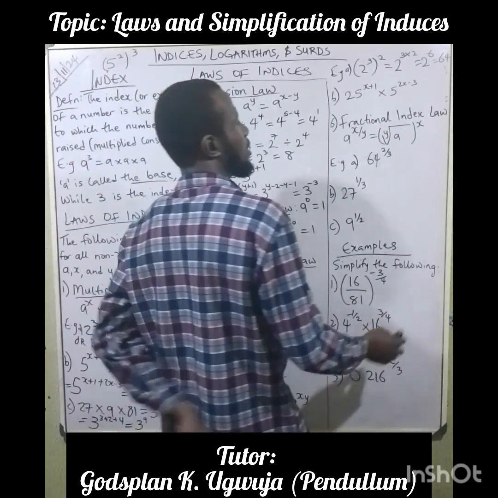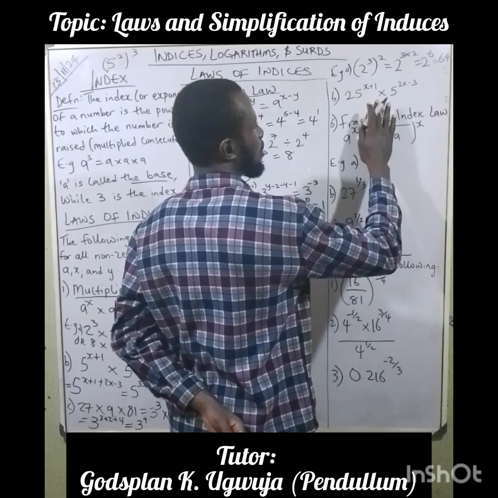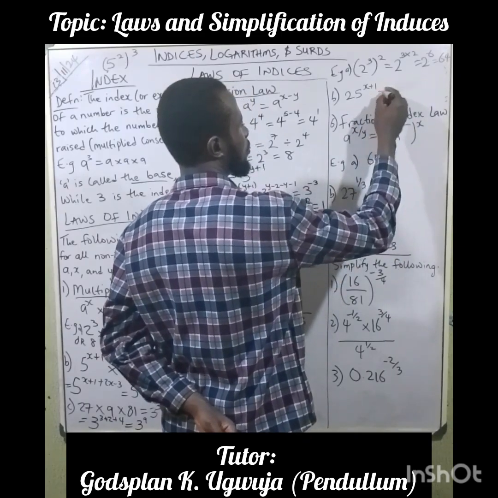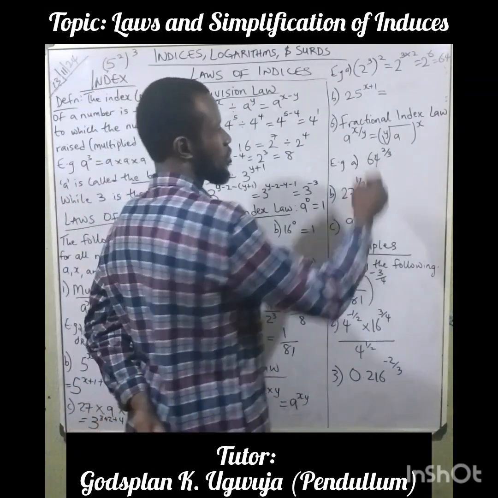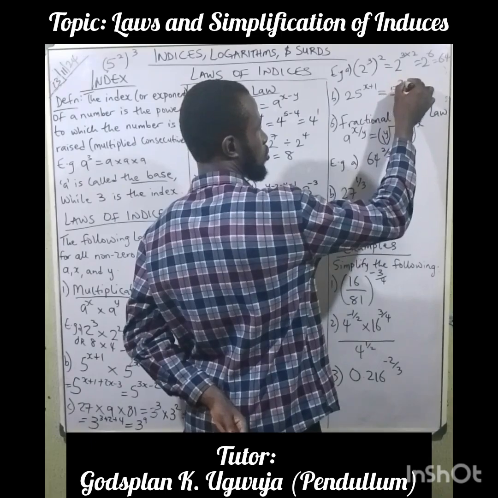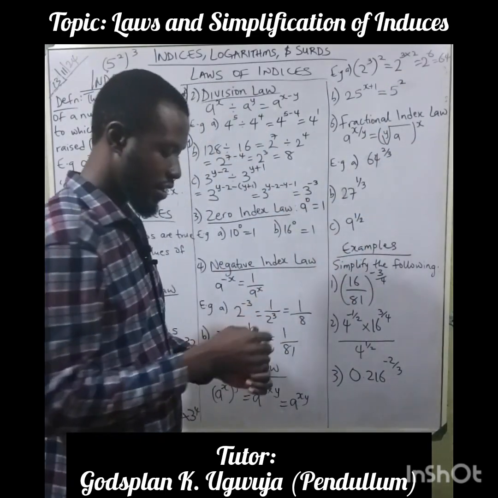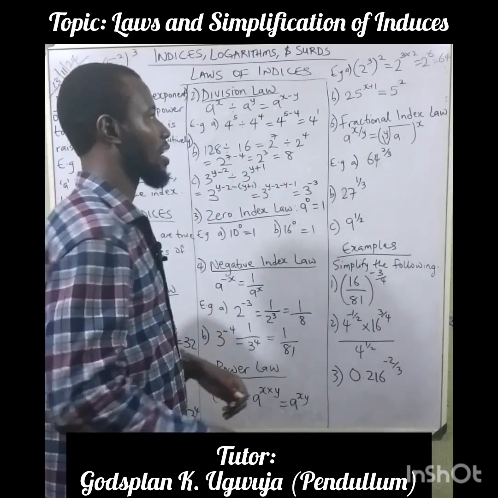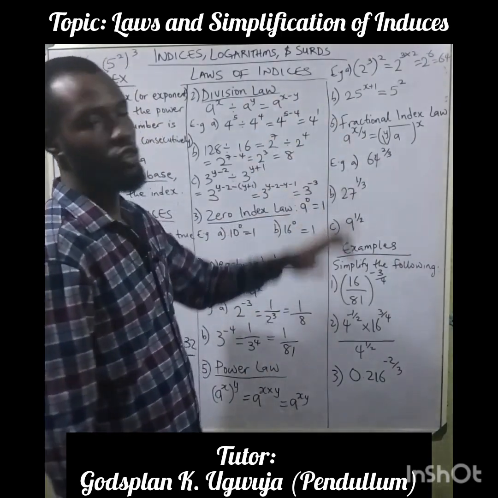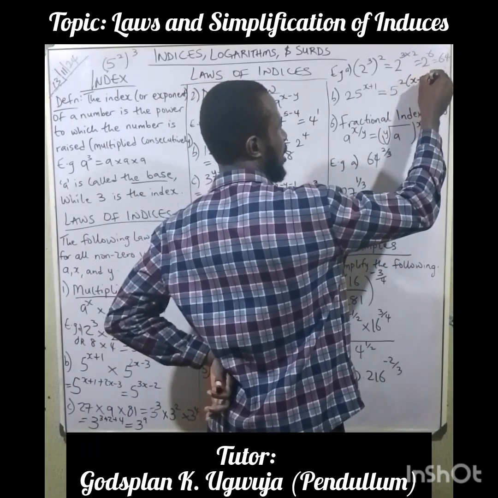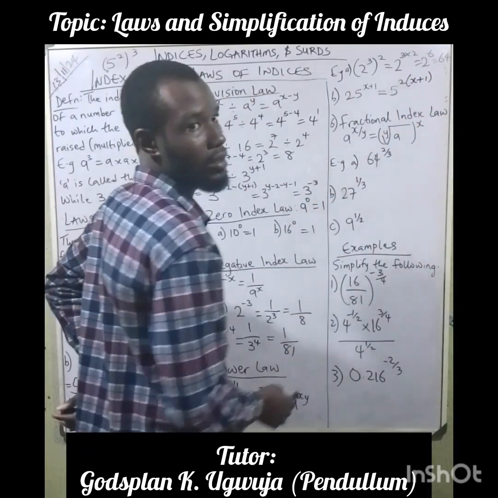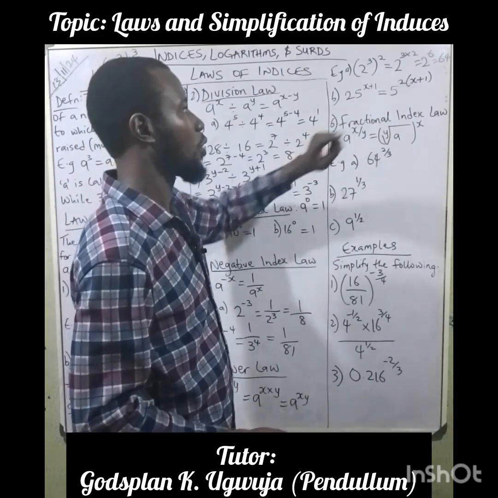Okay, for want of space, let me remove this. Let's say we have 25 raised to power x plus 1. I can write 25 as 5 raised to power 2, because 25 is 5 squared. So I can write 25 as 5 raised to power 2 and then to this power x plus 1. The power does not go anywhere.